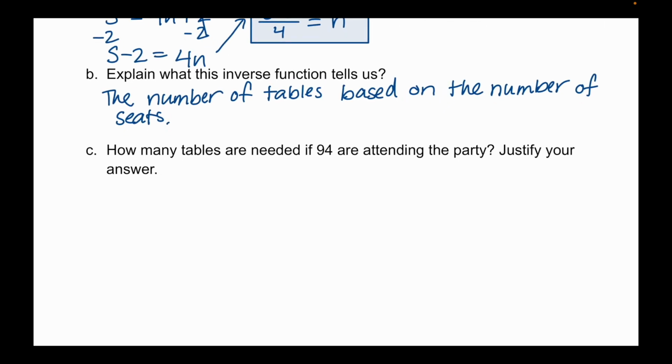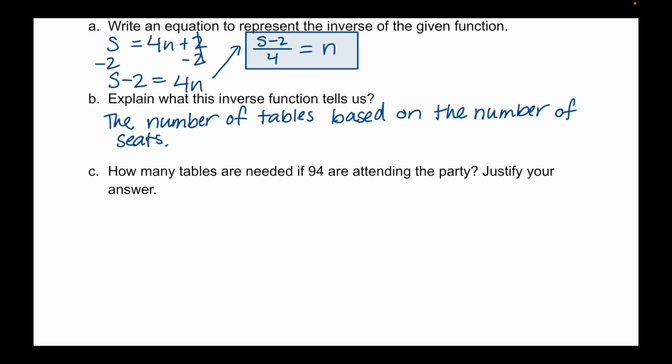So we're going to say 94 is our number of seats. We're going to use our inverse function that n is s minus 2 over 4. So we will say n is, I need 94 seats minus 2. Divide that whole thing by 4. Put that in my parentheses, but this is now 92 divided by 4.